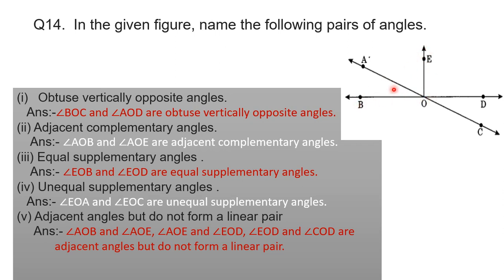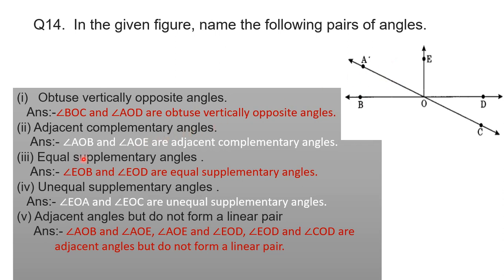So there are two angles, angle BOA and angle EOA, inside of this BOE. So we can write BOA and angle EOA are adjacent angles, and they are complementary to each other. That is, both angles' sum is 90 degree.